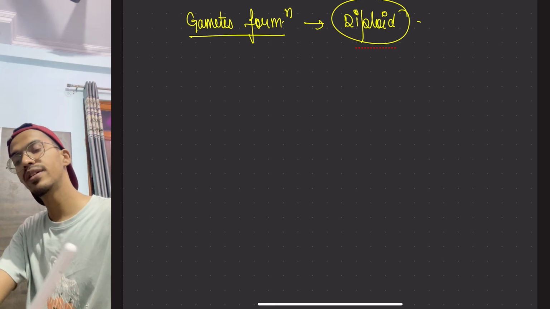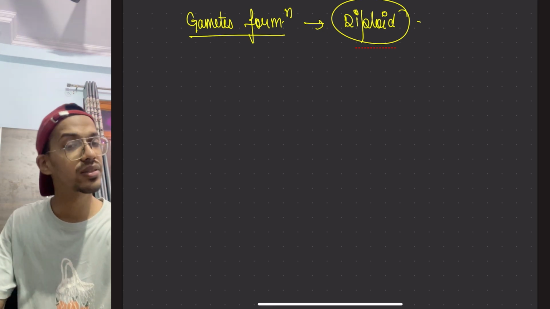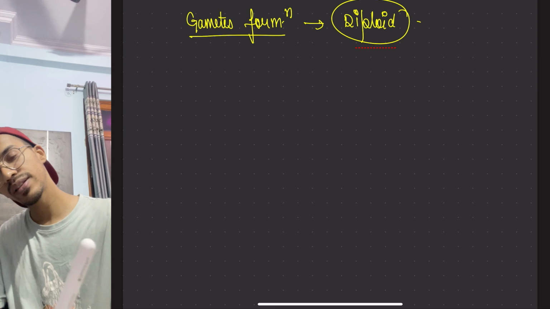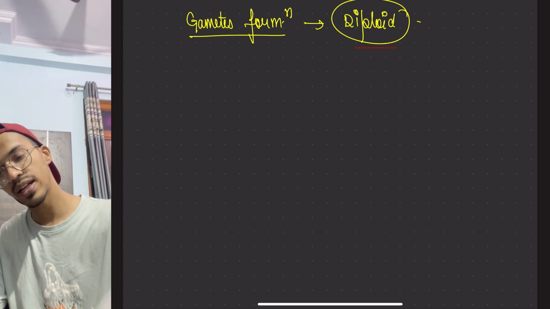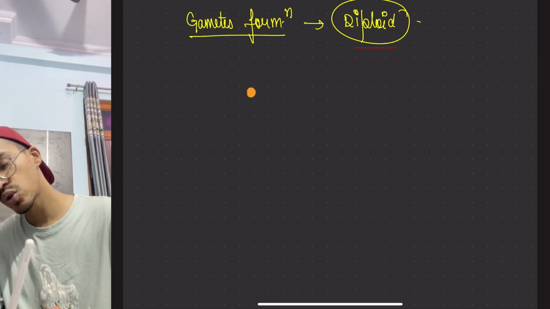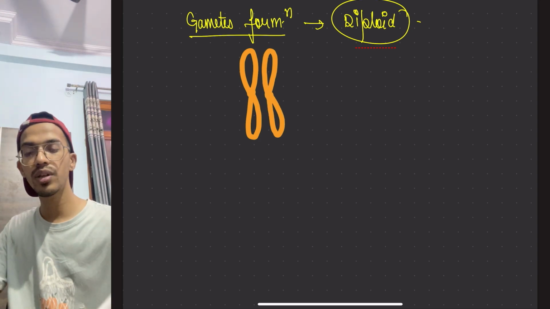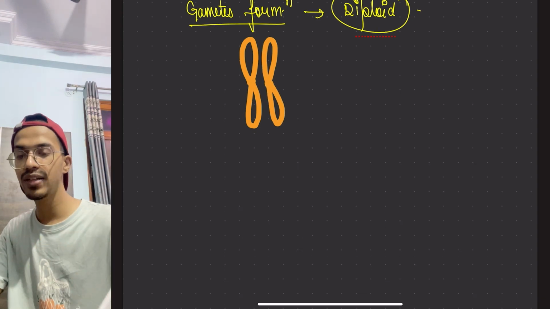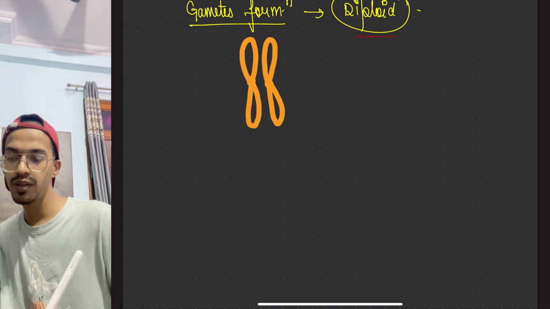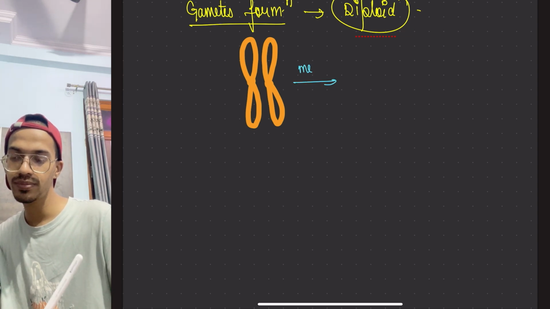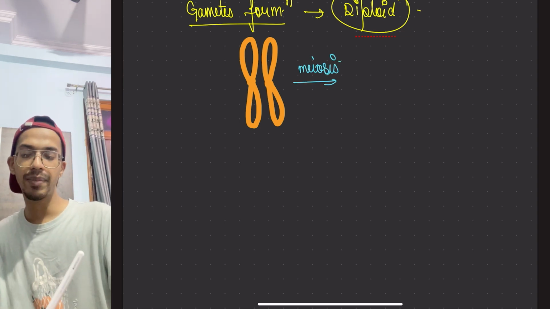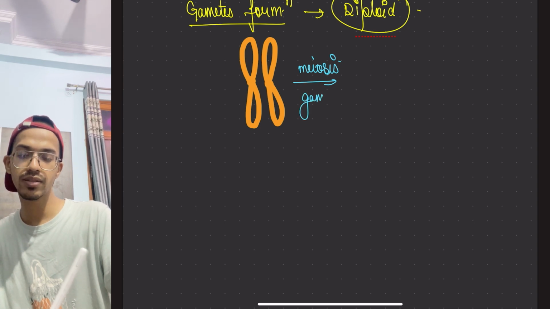So what is happening when the diploid cells are there? This is your chromosome. Now, if you remember, gamete formation means there will be the process of meiosis.